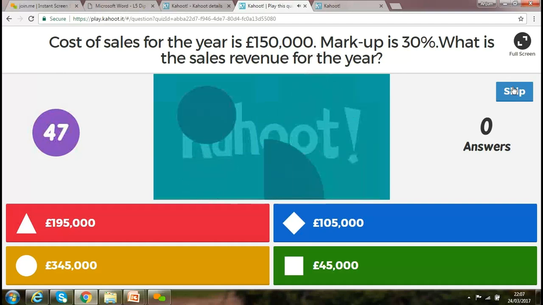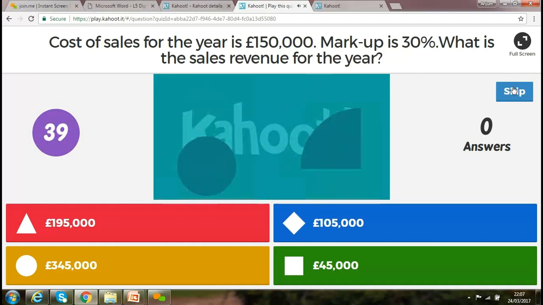Can you say that again, Sata? It means when you bought something, you add 30% to top up profit, whatever you want to earn, then you can find the total value of the sale is supposed to be 195.